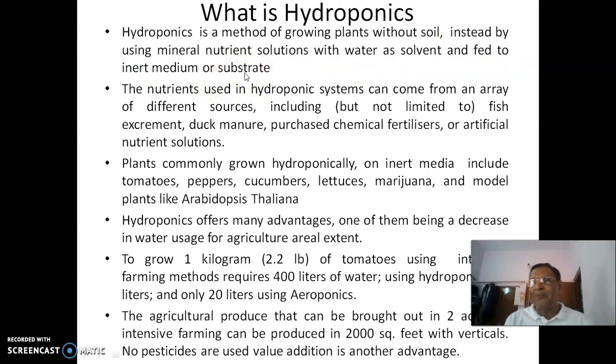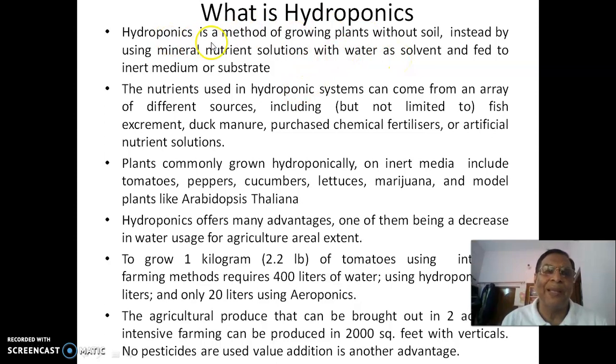This inert medium is what we technically call the substrate. We will discuss many substrates later. Instead of soil, you put a substrate into which you add the nutrient solutions. This is hydroponics.